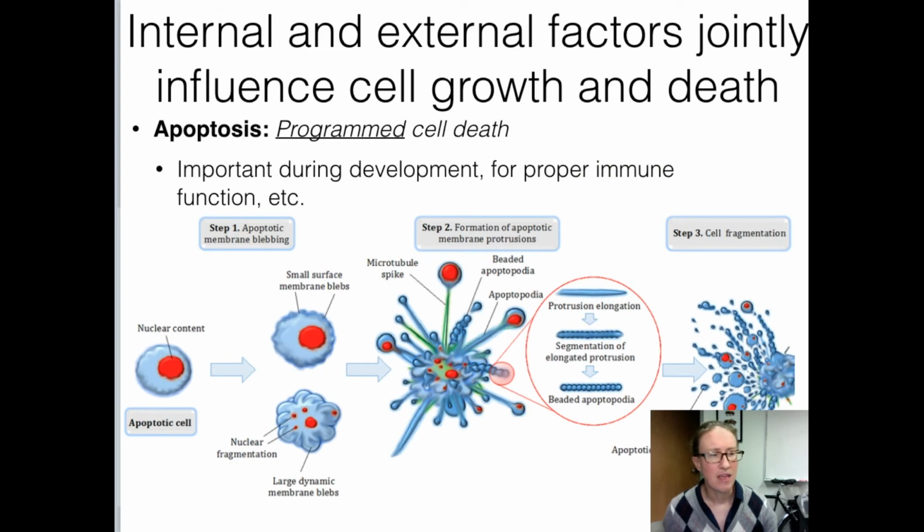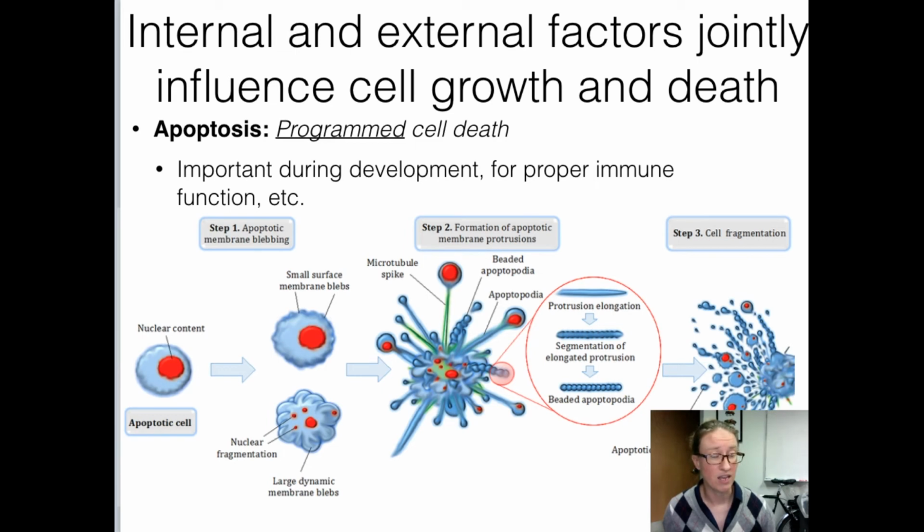And this isn't just true for growth, it's also true for cell death. So there's a special term for cell death called apoptosis. And apoptosis refers to programmed cell death. So this is a little different from the cell death that we saw in response to a toxin. That cell death was not programmed.